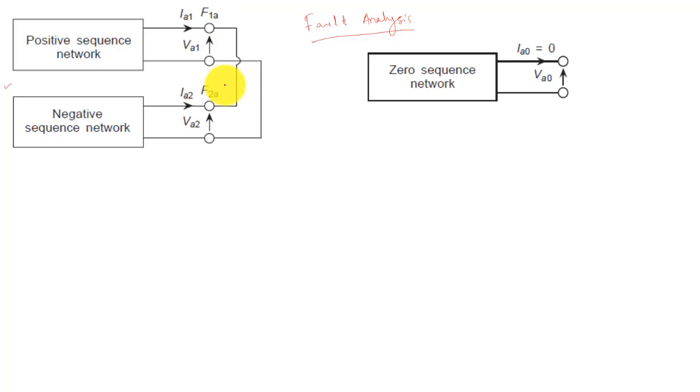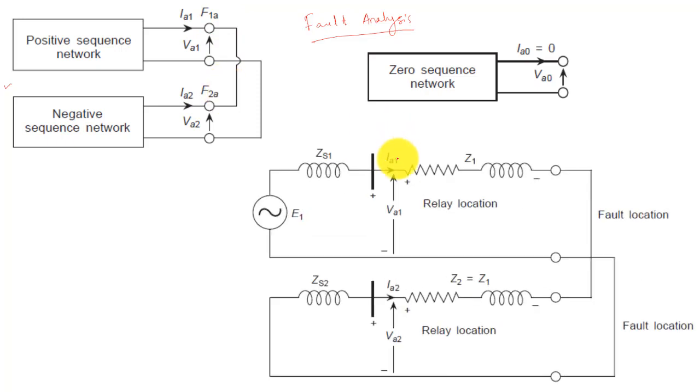Now, if we represent it through the equivalent network, how will it look, because the transmission line is existing between the fault location and the source. If we represent the transmission line impedance in the sequence network form, Z1 and Z2 are the sequence impedances of the transmission line, and ZS1 and ZS2 are the source impedances.